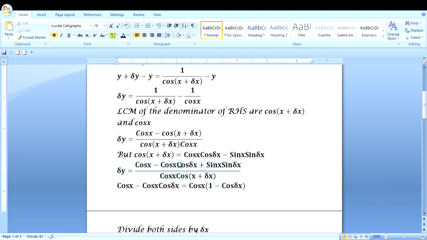Now recall the double angle formula in trigonometry. We know that cos of x plus delta x is cos x cos delta x minus sin x sin delta x.